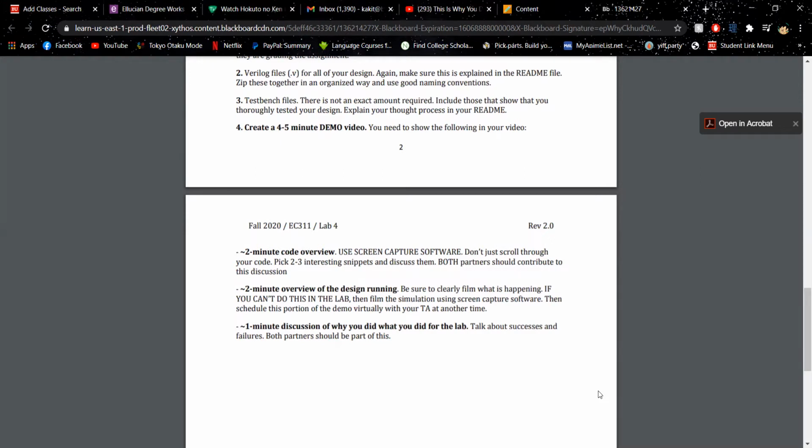As for successes, I thought I did a really good job on essentially making the clock unit. I think it really made a lot of sense as to what I was trying to do. And another success that I think I had was probably just tying everything together with the systems module.